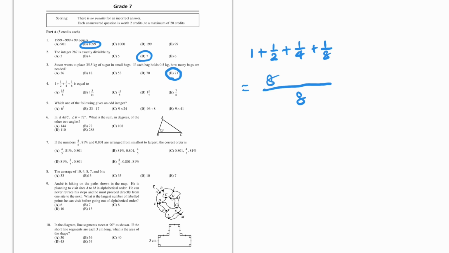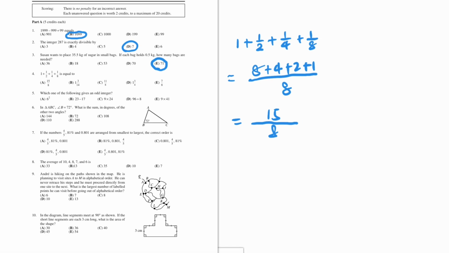So first we have 8 plus 4 plus 2 plus 1, which equals 15. The denominator is 8. So 15 over 8. Therefore, the answer is A.